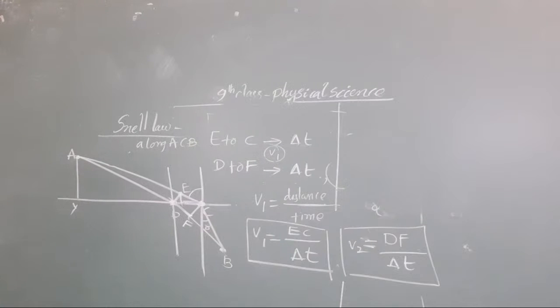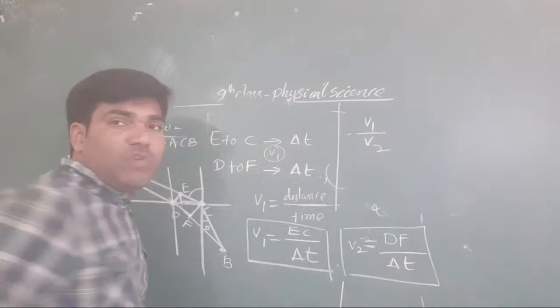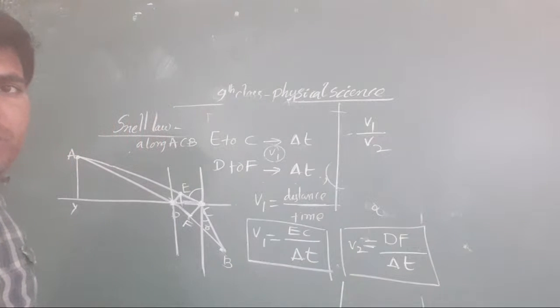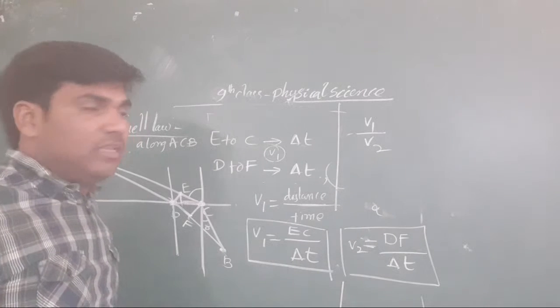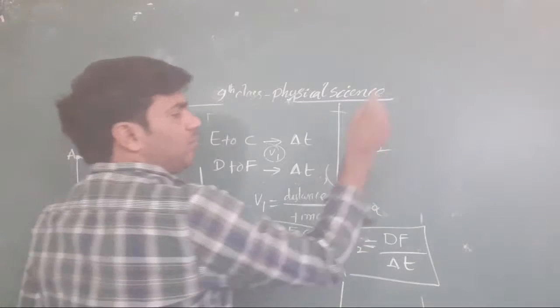It is written as V1 by V2. In our textbook, that equation number 3 is somewhat wrong: only V1 by V1 is given. Check it out on page number 57; it is not given as V1 by V2 there. You take the ratio of these two things. That's why it is written like that, V1 by V2.